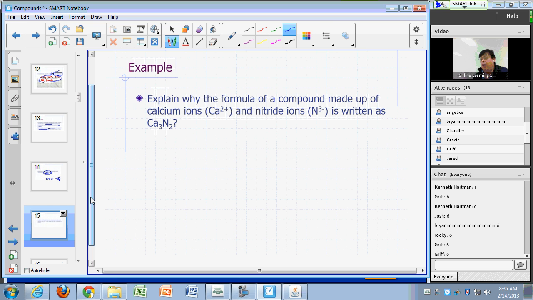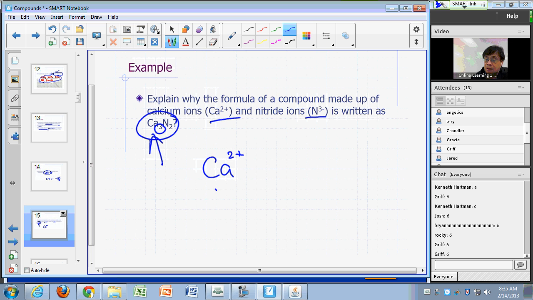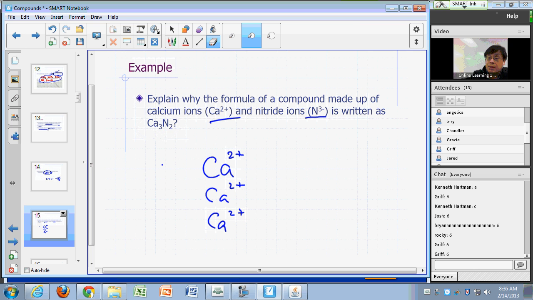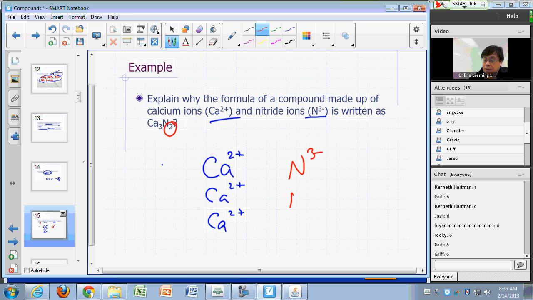Now, how do we explain why the formula of a compound that's made up of calcium and nitride ions is written as Ca3N2? Well, when you write it this way, you're saying that if you have one formula unit, you have 3 calcium ions, and you're showing a subscript of 2 for nitride, so that means you have 2 nitride ions.